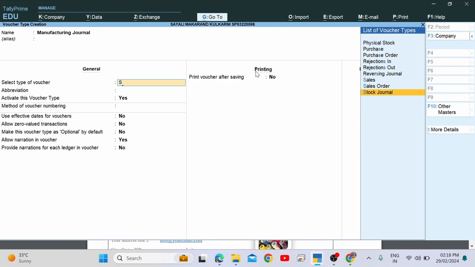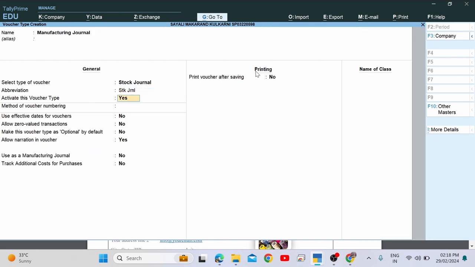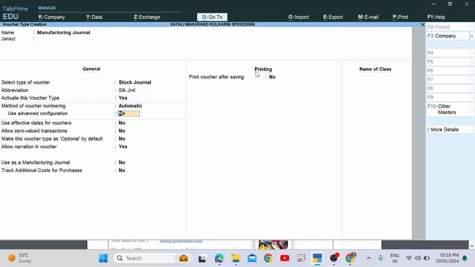Important, no? Mark it somewhere. Stock journal. And then after this, one more question. What was here? Use as a manufacturing journal. If you say no, then in Tally you will get manufacturing journal just like stock journal.